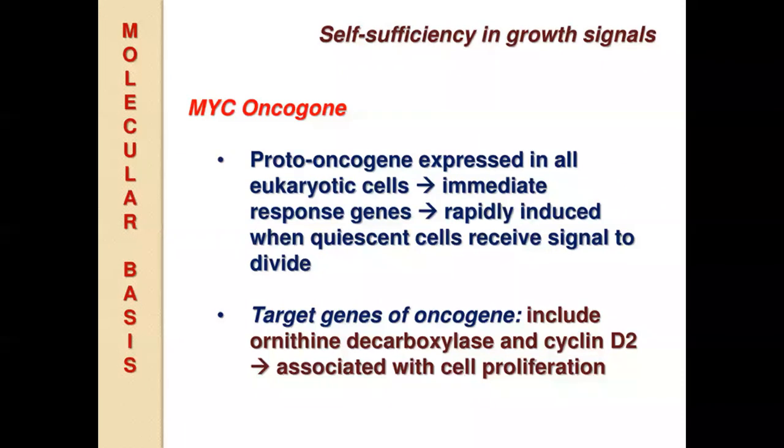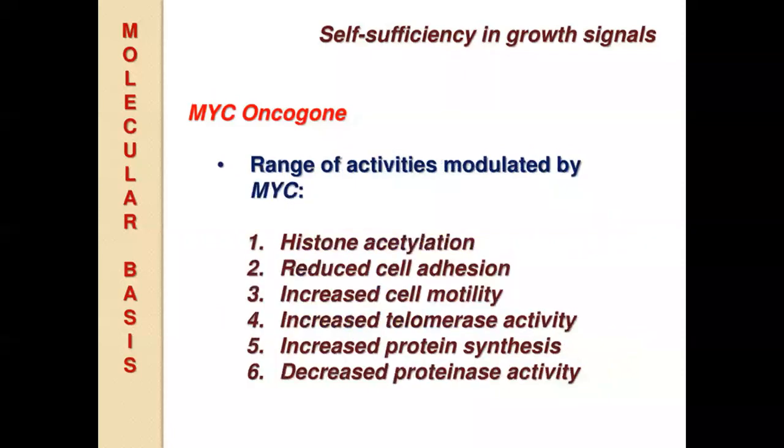The target genes of the oncogene include ornithine decarboxylase and cyclin D2, which are associated with cell proliferation. The range of activities modulated by MYC is histone acetylation, reduced cell adhesion, increased cell motility, increased telomerase activity, increased protein synthesis, and decreased proteinase activity.